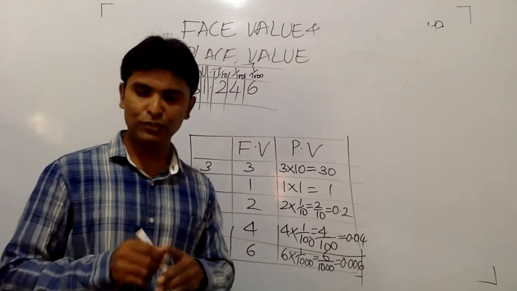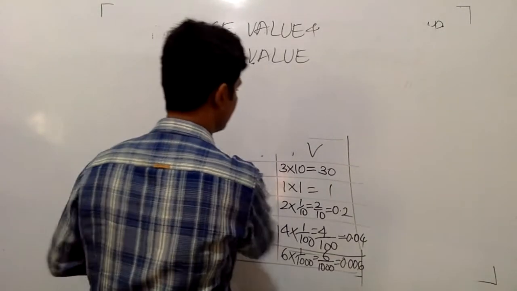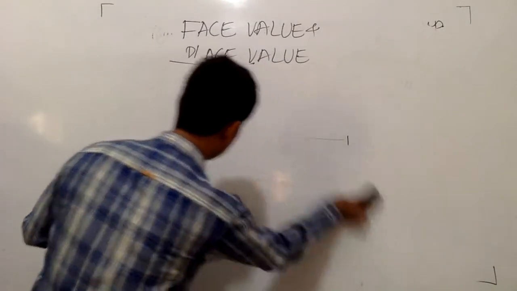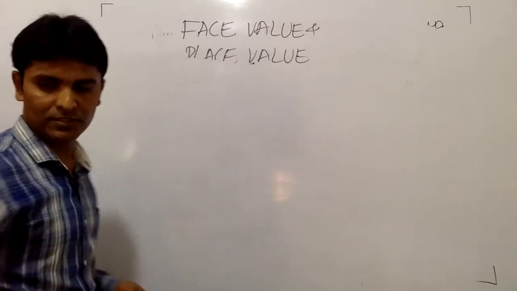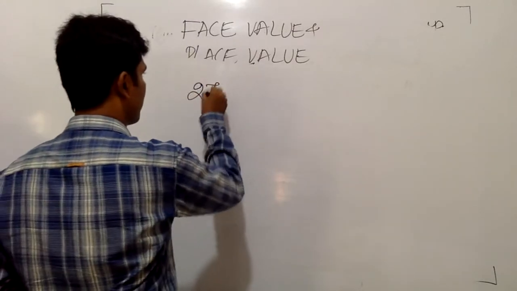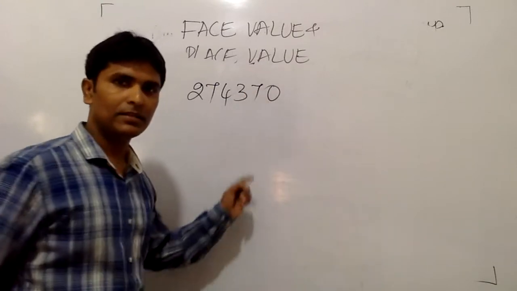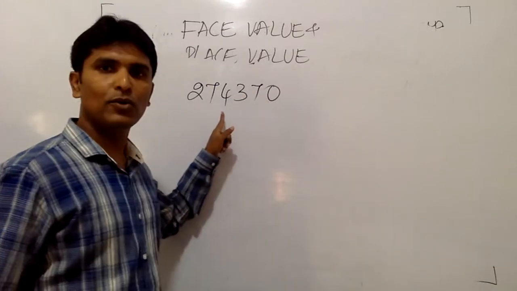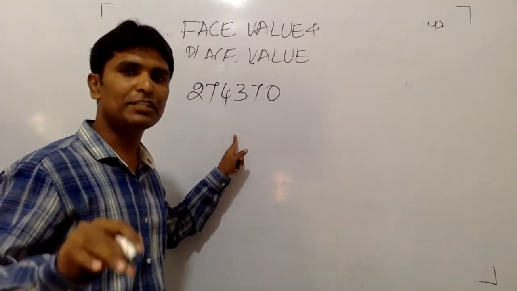Okay, and I'll tell you one more trick also. See, they'll give an example like this. In this they may ask what is the place value of 4 and the face value of 4.